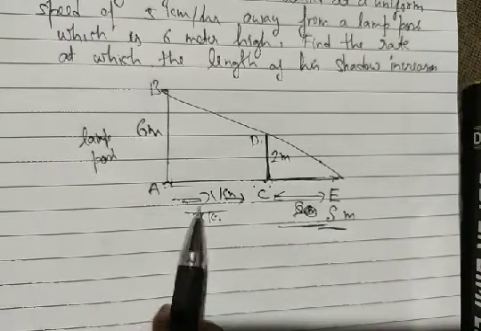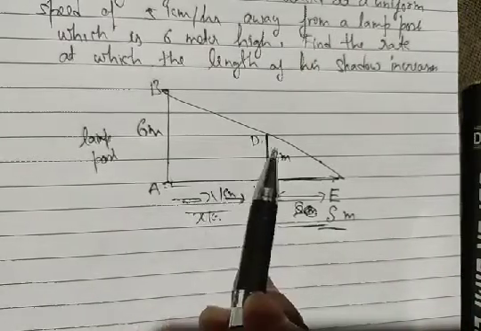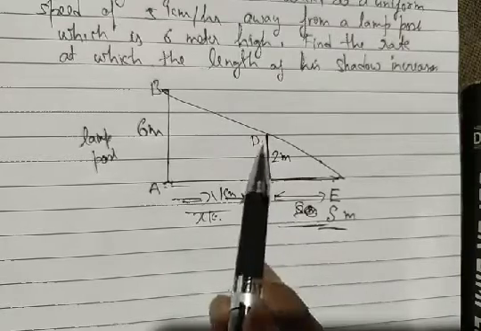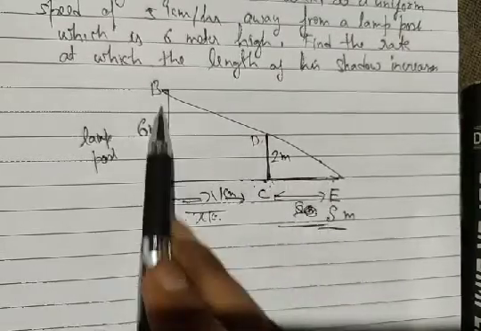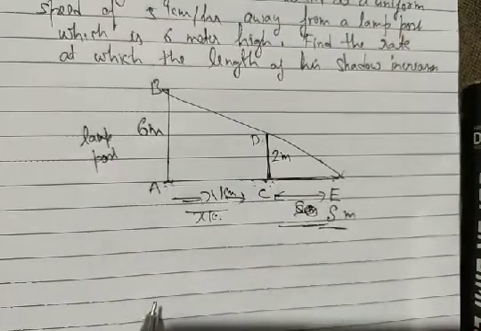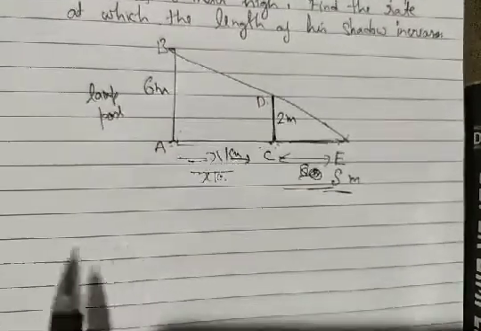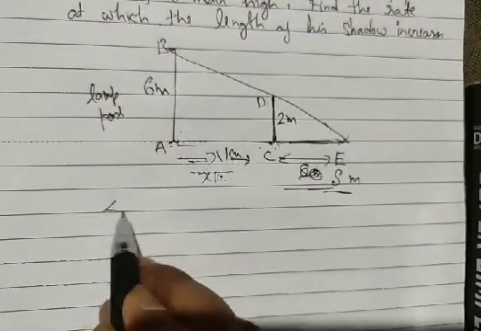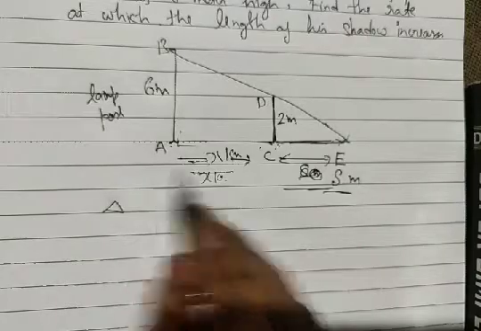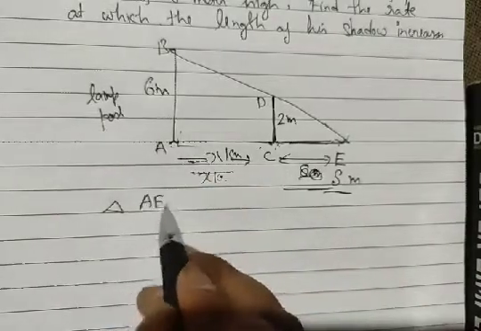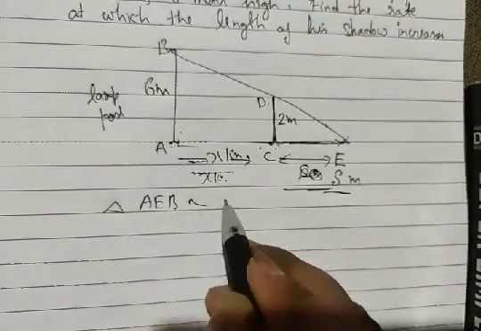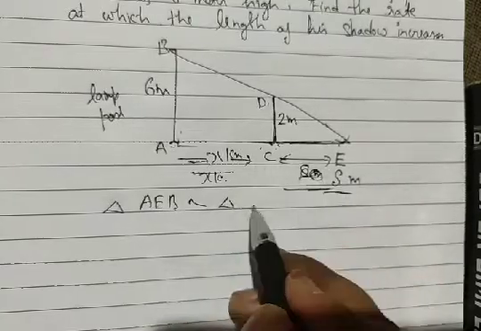Now we see two triangles, DCE and BAE. Our triangles are similar: triangle AEB is similar to triangle CED.